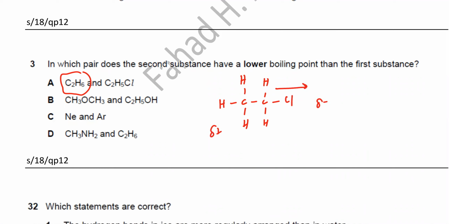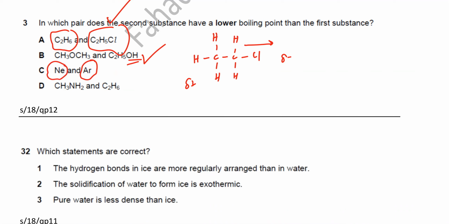Yes, sir. I said now neon and argon are atoms, so they're not bonded to anything, so they'll just have van der Waals forces. Remember, van der Waals forces would always be present. The electrons would be just randomly sometimes moving to the right, sometimes moving to the left. So a bigger atom is going to have more van der Waals forces. This one also has van der Waals forces, but this one, when NH are bonded, that's hydrogen bonding.